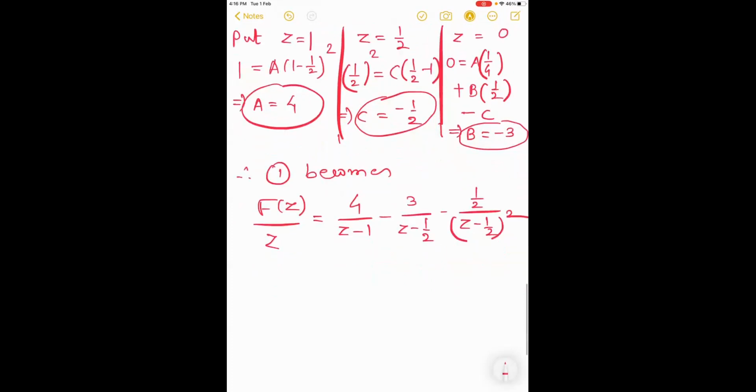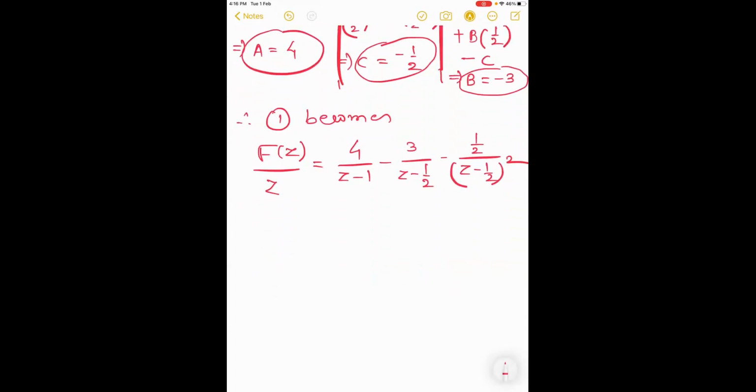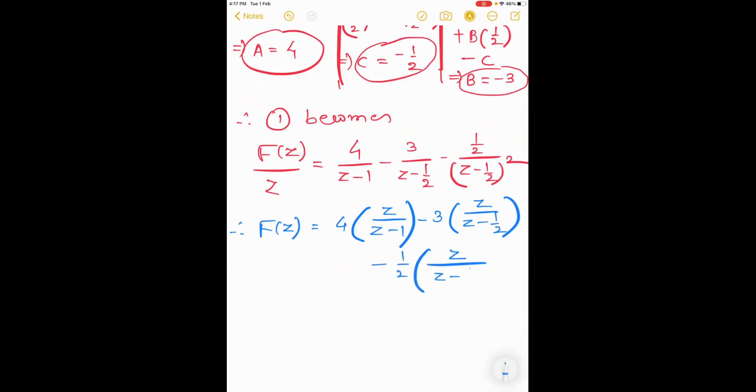Now shift that z to the other side. Therefore, F(z) is equal to 4 into z upon z minus 1, minus 3 into z upon z minus half, minus half outside I'll take z upon (z minus half) square.